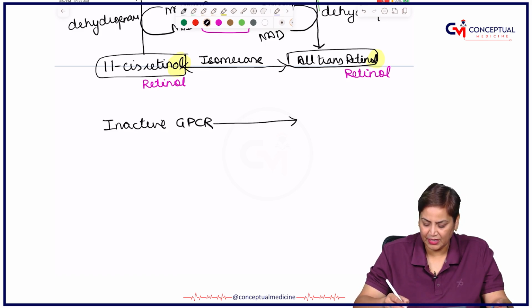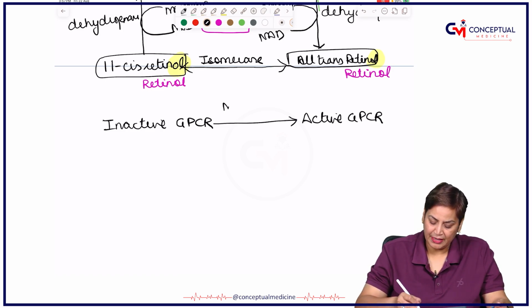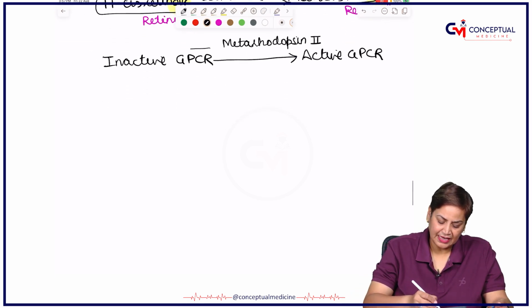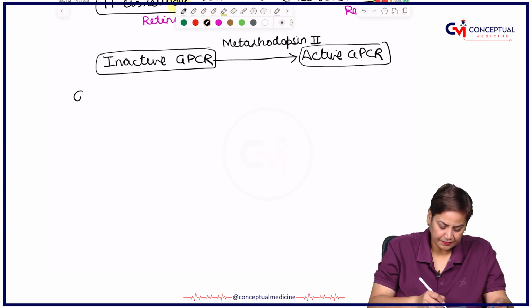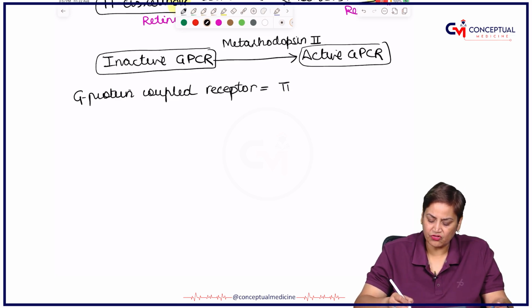It will be converted into active GPCR in the presence of beta-rhodopsin 2. So when this inactive GPCR is converted into this G protein coupled receptor, it is activating transducin.